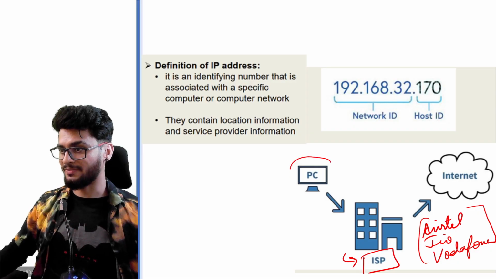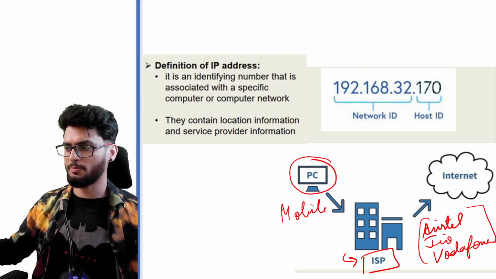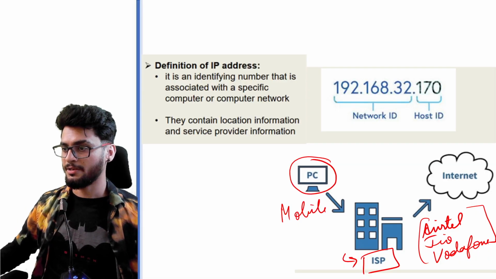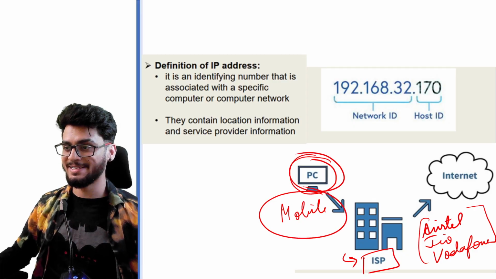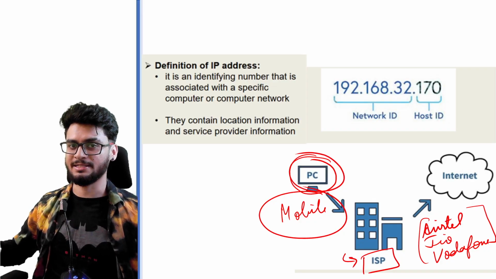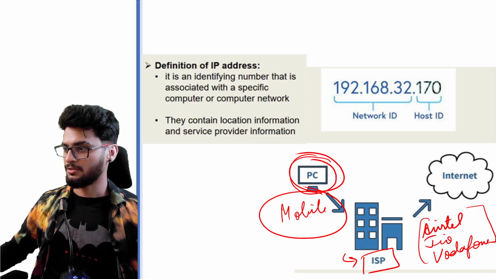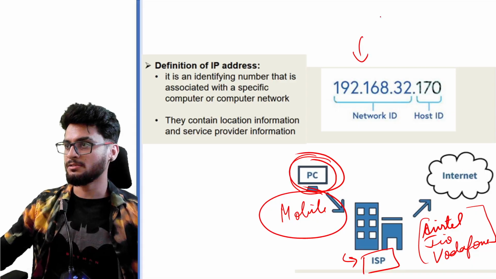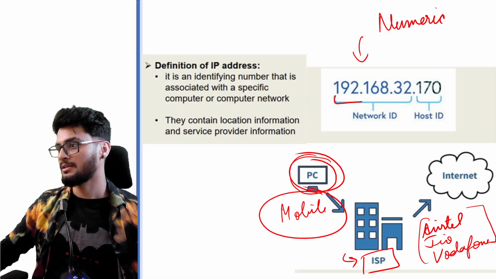So आपके जो devices हैं like PC और mobile, they might be connected to, probably आप Jio use करते होगे, maybe Airtel. Now all of these devices have an address associated, but ये address normal address जैसा नहीं है, जैसे flat number 18, this and this colony, that's a city. Not like that. जो आपका IP address है, that is a numeric address which looks like this.